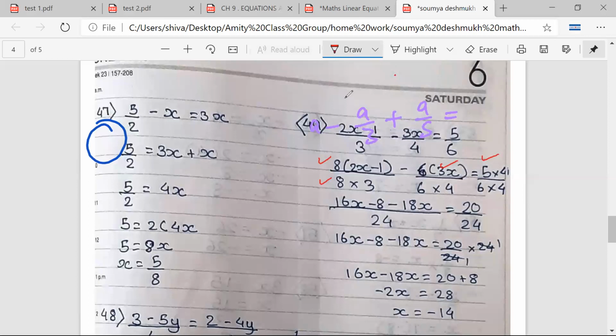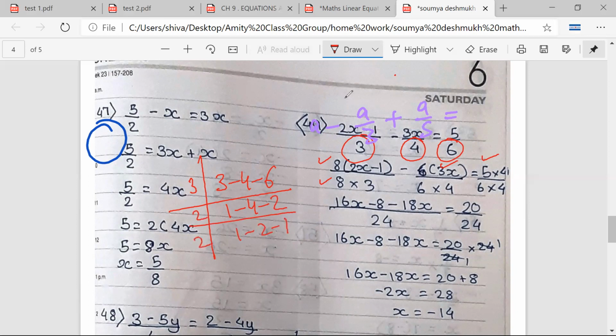So basically, if you want to understand the logic, you take the LCM of all the denominators. So my LCM is 3, 4, 2, 6, which is 12. So if you make all the denominators equal to 12, you will be able to solve this easily.